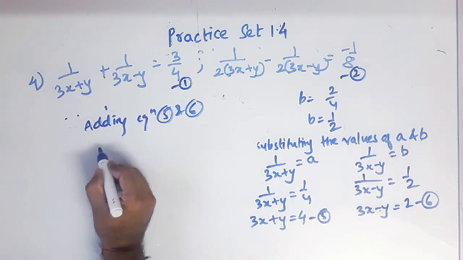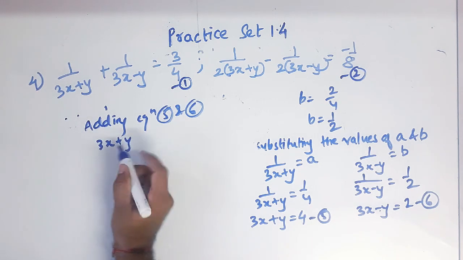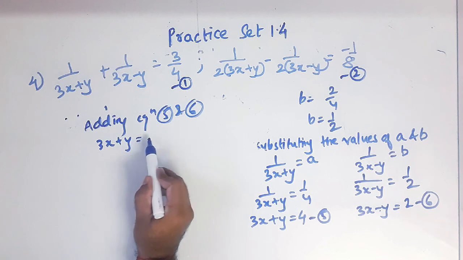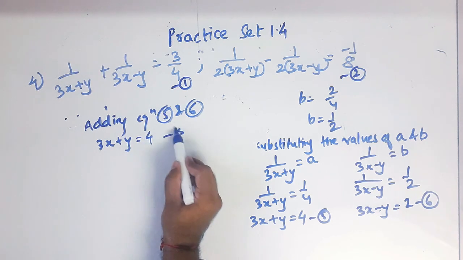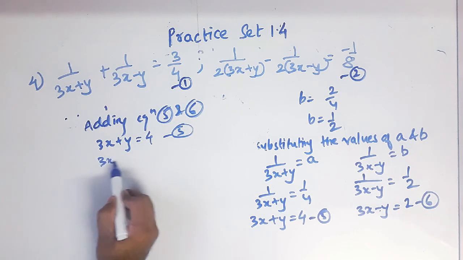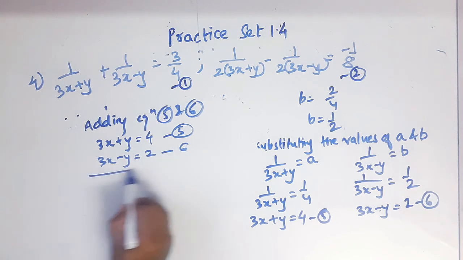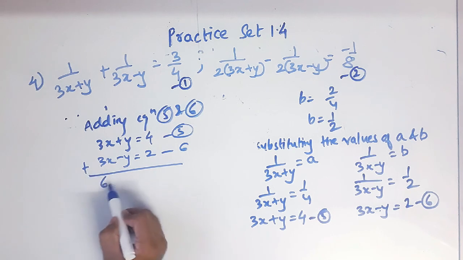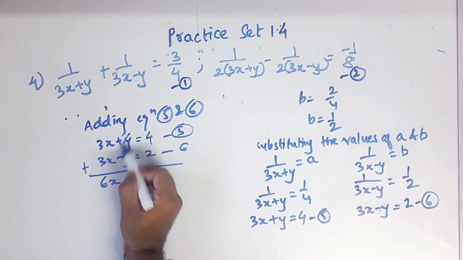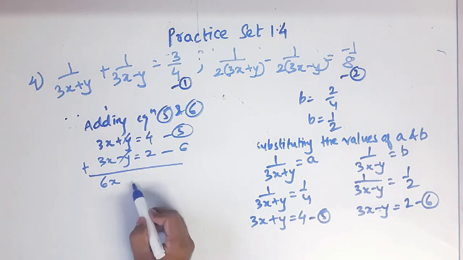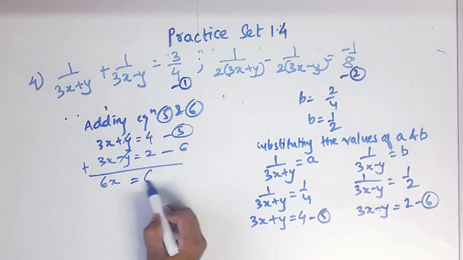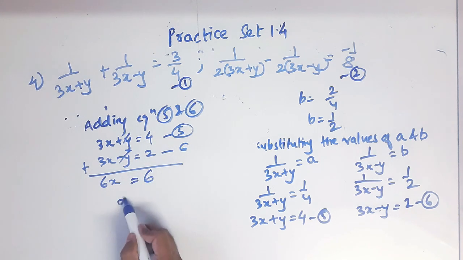So what will we get? 3x plus y equals to 4 and 3x minus y equals to 2, sixth one. So if we add them, this becomes 6x, plus y minus y gets cancelled and 4 plus 2 is 6. So x is equal to 6 upon 6. We got the value of x. x is equal to 1.